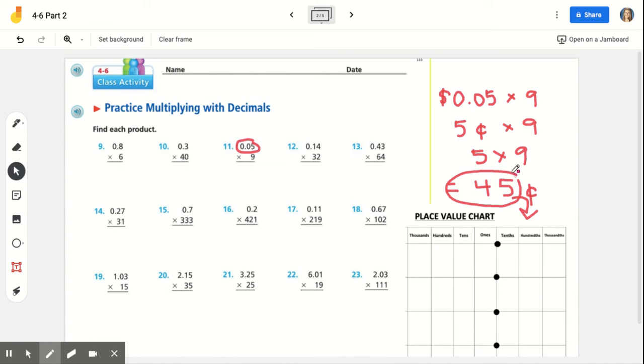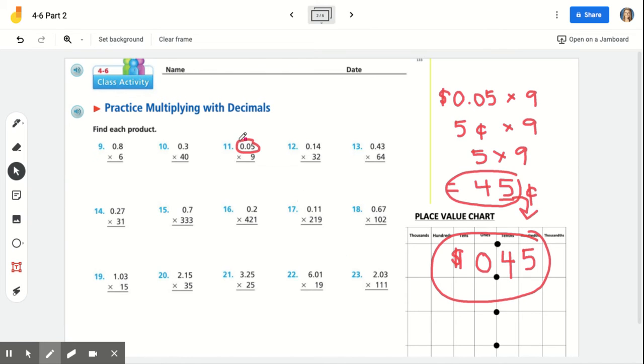So for 45, our last digit is 5, and 5 is going to go in the hundredths spot, followed by the 4. And then since we have no other digits, we're still going to put a 0 in the ones spot to hold its place value. And in dollar form, 45 cents looks like this, $0.45, or 45 hundredths.